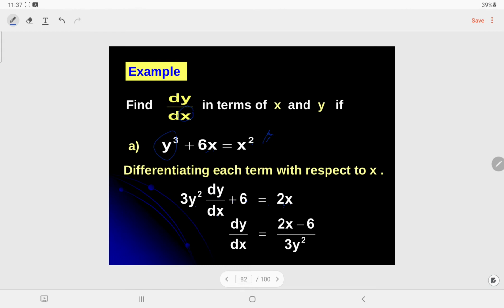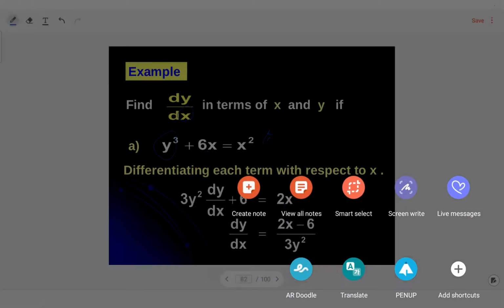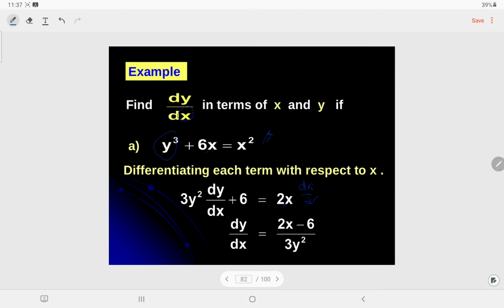For x, dx over dx is equivalent to 1, but for y we need to write dy over dx. To get dy over dx on the left-hand side, we bring 3y squared to the right-hand side, so we get the final answer, because we need to find dy over dx.